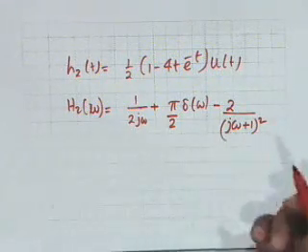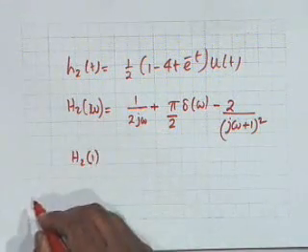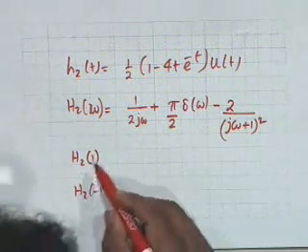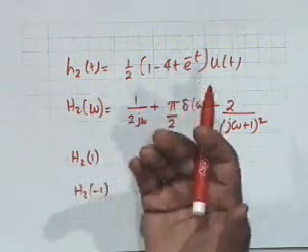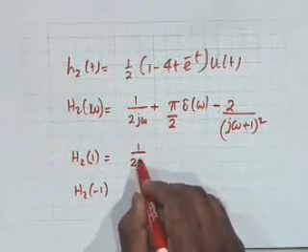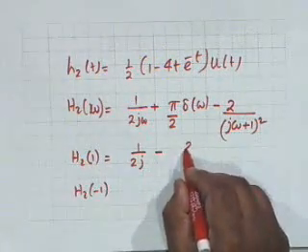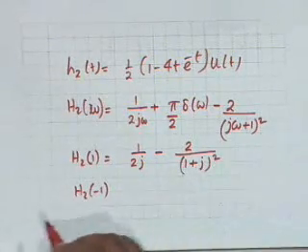Alright. Now you can also simplify this, that is h2 of 1, this is something we require, and h2 of minus 1. Do we have to calculate both? No. If we calculate h2 of 1, the other one is the complex conjugate. So that is a time saving device here too. And h2 of 1 is 1 over 2j, delta omega does not count, minus 2 divided by 1 plus j whole squared.